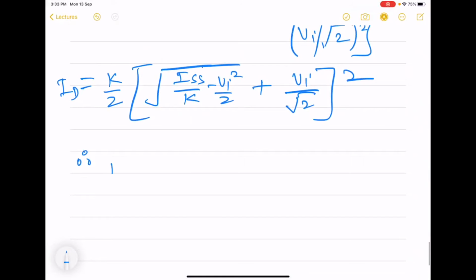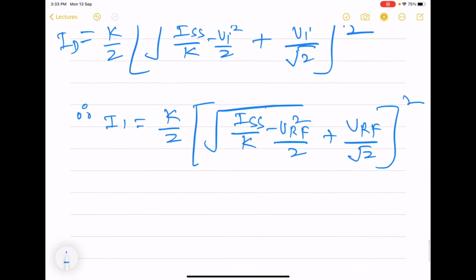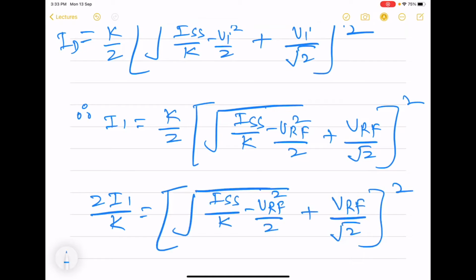So therefore, I1 can be written as K by 2 into the square root of ISS by K minus, in this case, we have RF as input, or 2I1 by K is equal to (square root of ISS by K minus VRF squared by 2) plus VRF by square root 2, whole squared.